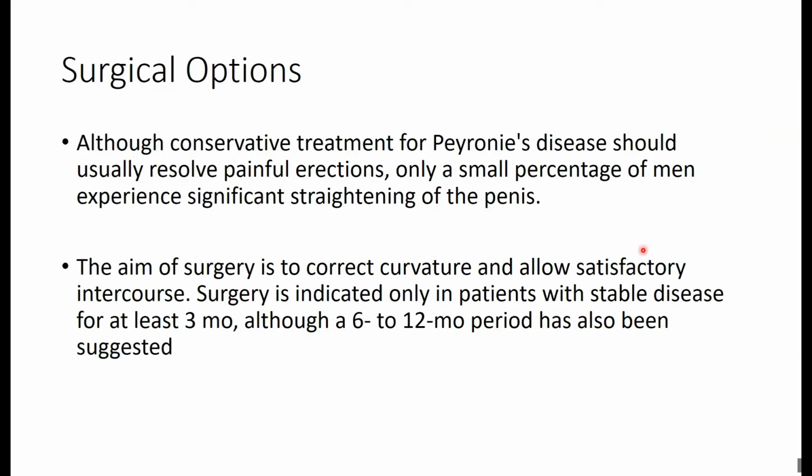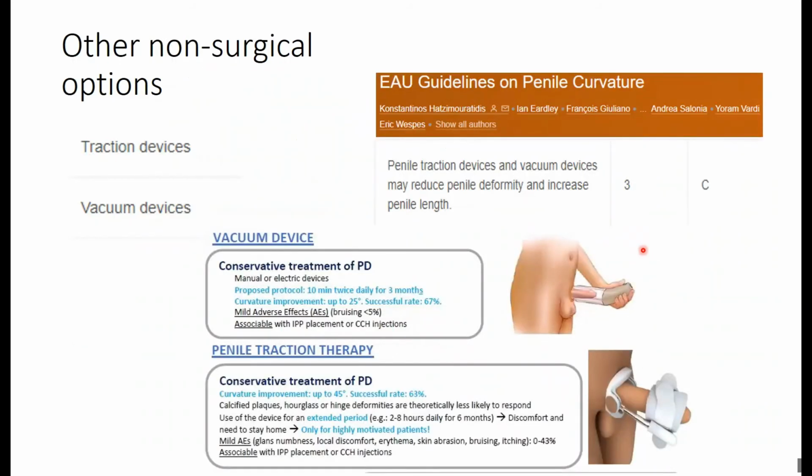And now we come to the surgical option. अच्छा, when will we do the surgical option? कब करेंगे? अभी तो बताया था. जब disease stable हो जाएगी after 9 to 12 months of initiation of the symptom.